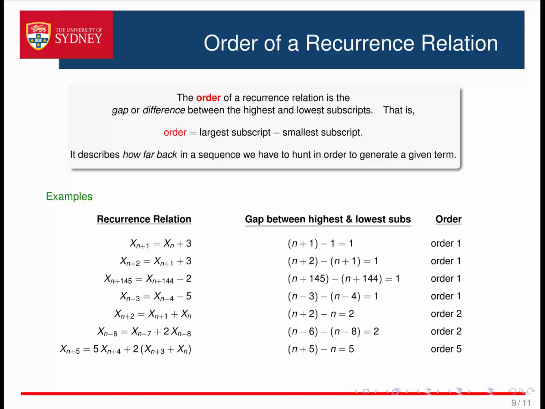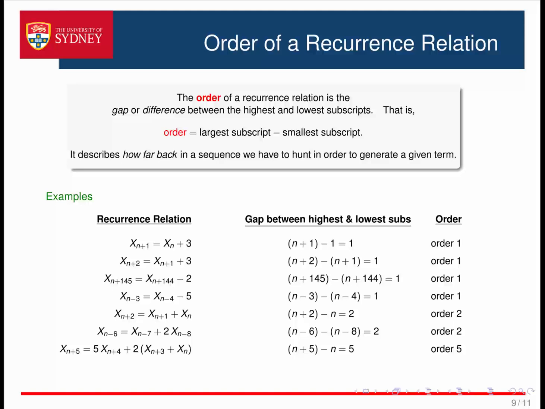It's important to observe that in this recurrence relation, to calculate the current term, we're using the term previous and the one before that, along with the term 5 positions earlier in our sequence. So even though we're only using 3 previous terms, the number of positions between the term with the highest subscript and the term with the lowest subscript is 5.